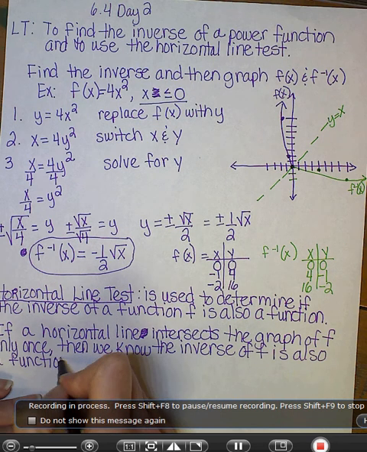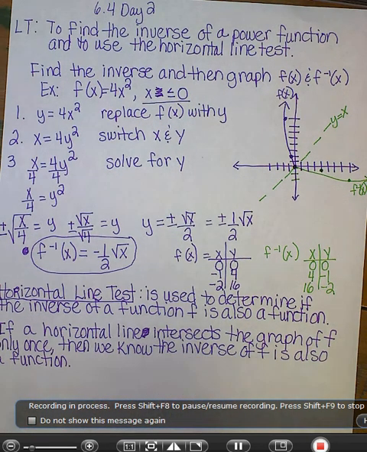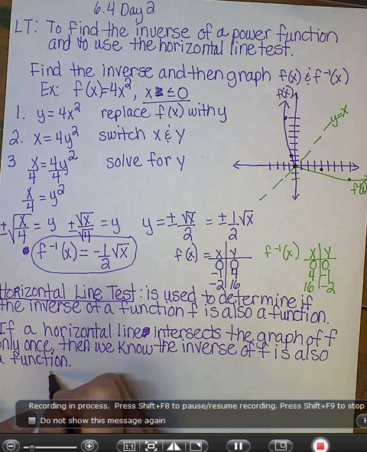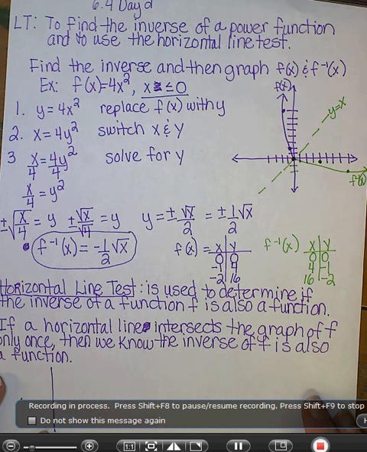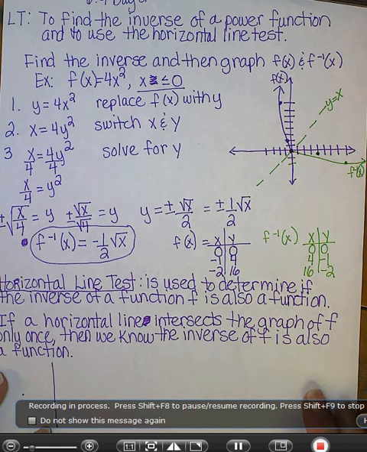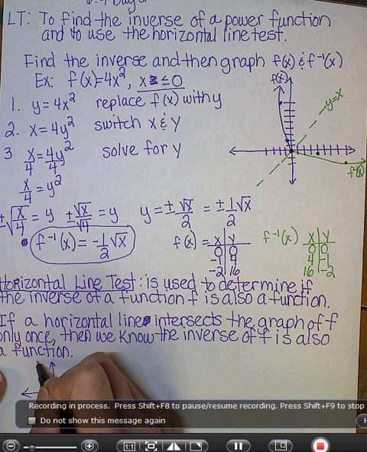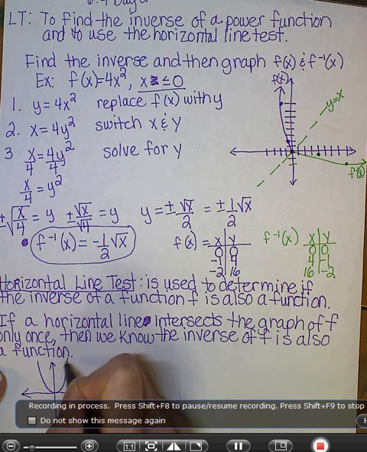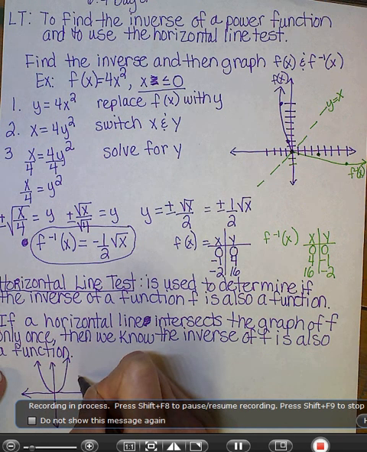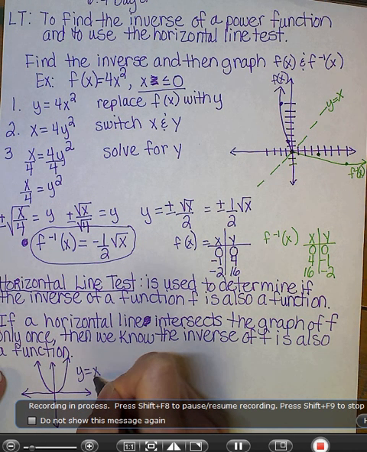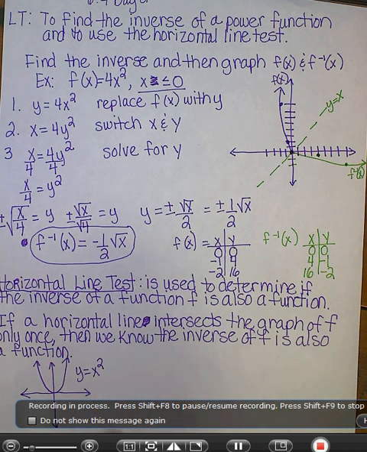Okay, so let's look at some examples here. If I have the graph of a parabola, I think you guys can still see that. So this is the graph of x squared. And I draw a horizontal line.